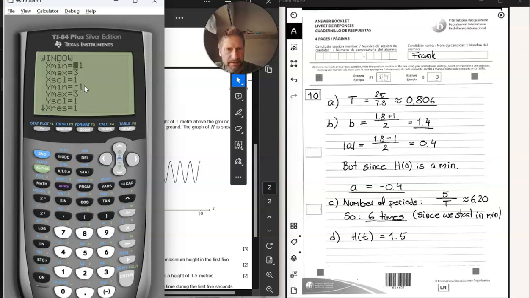And then the x's: minus 1 is fine, and then we need the first 5 seconds, so let's just go to 6. And let's do the graph. It looks like this. It starts in a minimum as it's supposed to, and does a little bit more than the 6 maxima because we went a little bit further than 5 seconds.